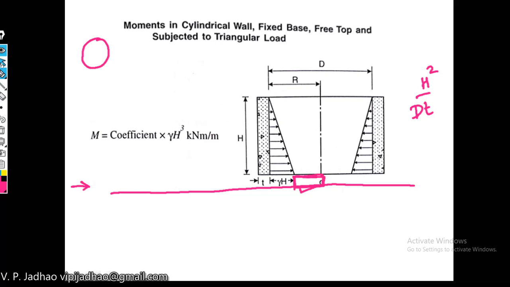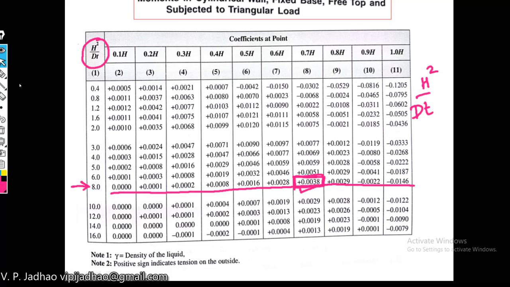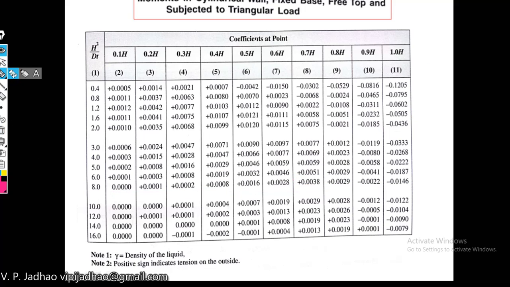One thing you have to keep in mind: the positive sign in this particular table indicates the tension is on the outside. If these are the walls of your water tank, then the tension is developing on the outside here.